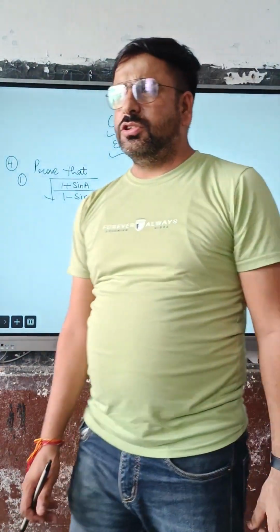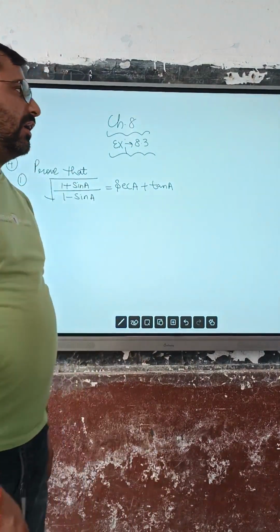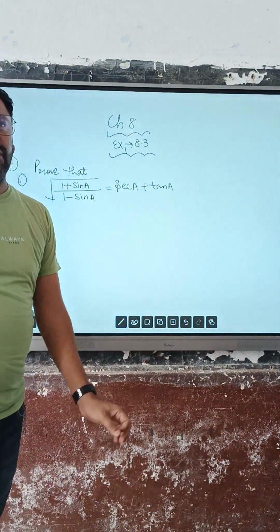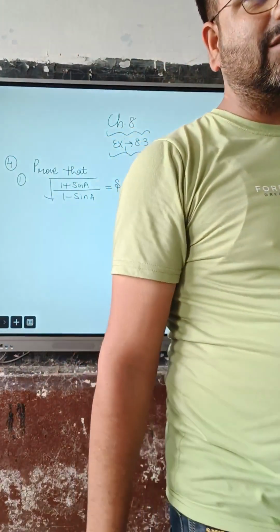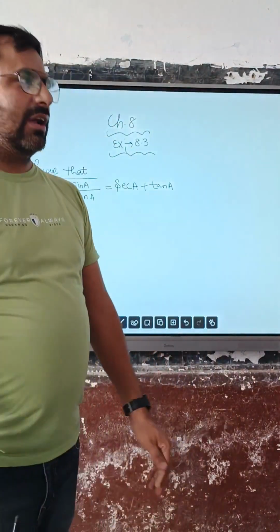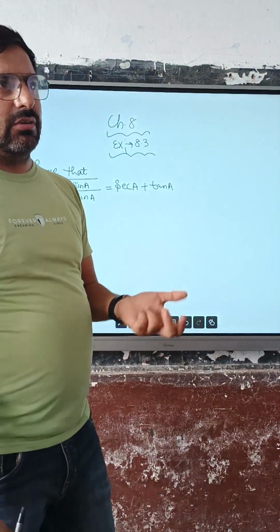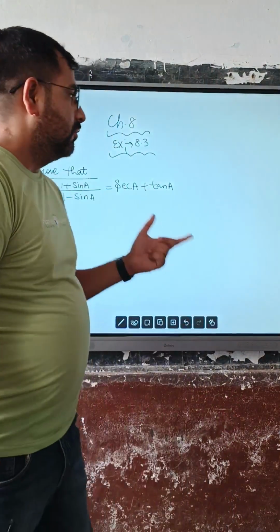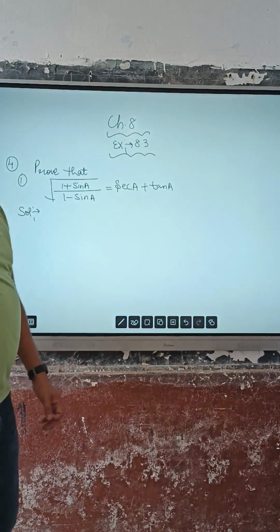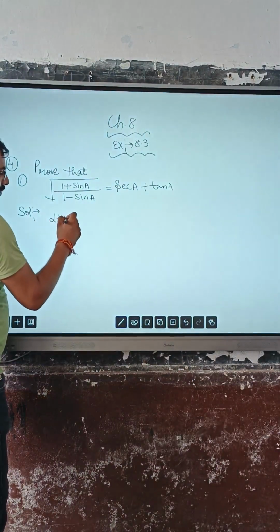These types of questions we can prove by starting with the left hand side or the right hand side. If we start with the left hand side, we have to reach the right hand side, and if we start with the right hand side, we have to reach the left hand side. In this question we will prove it by solving the left hand side.